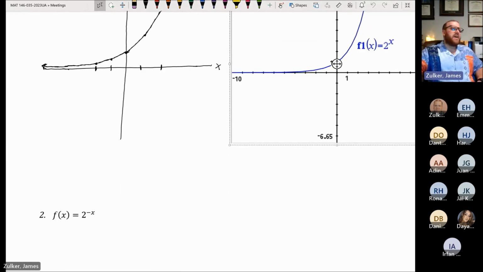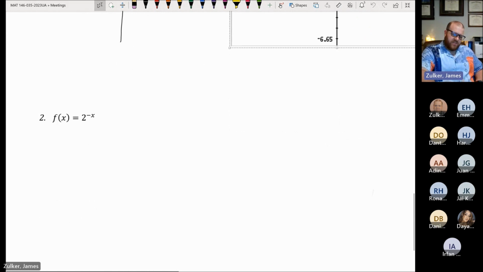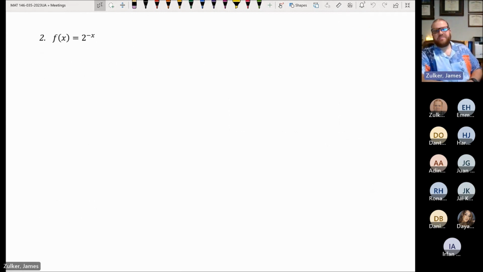Okay, so what about 2 to the negative x? I definitely agree it's going to be reflected about the y-axis. What is the base?